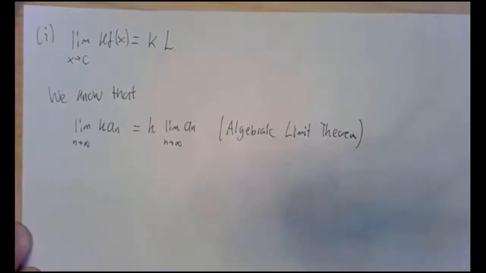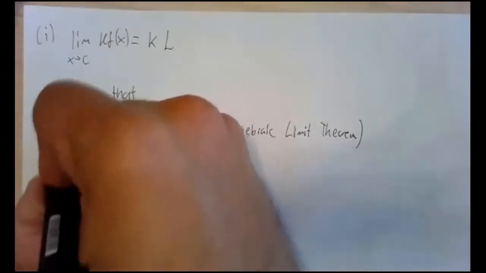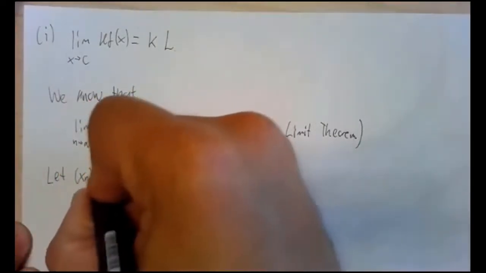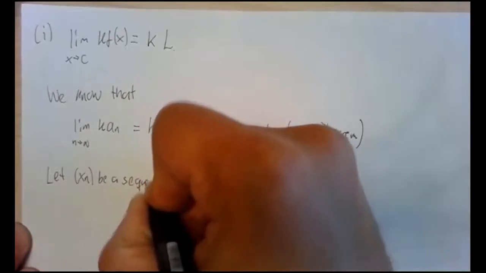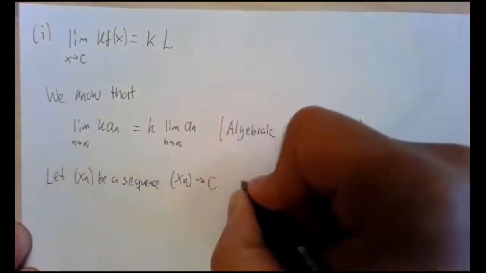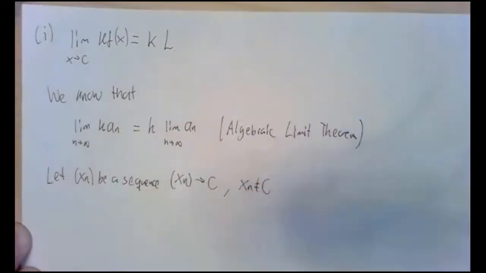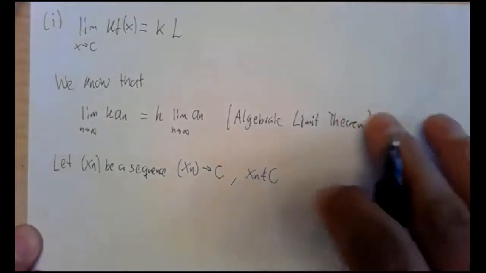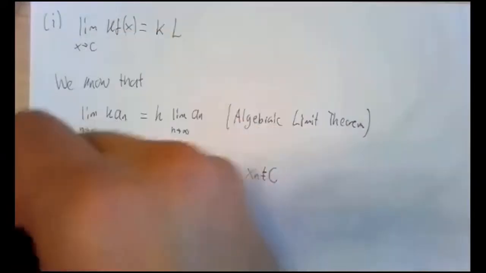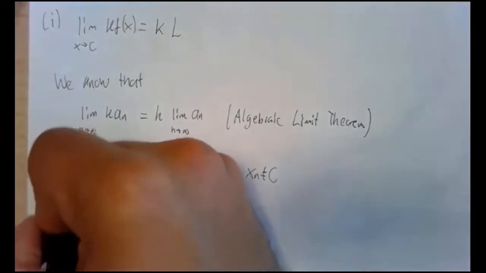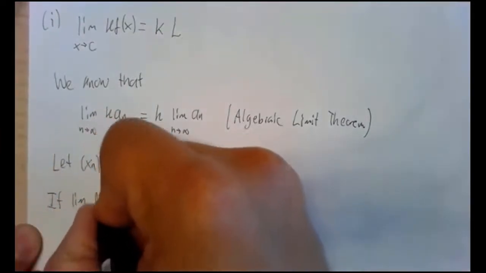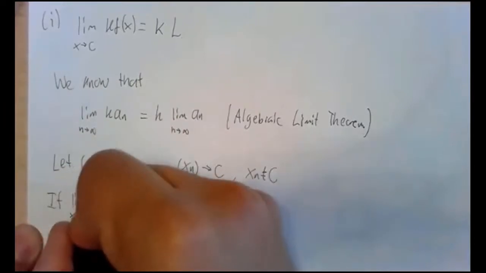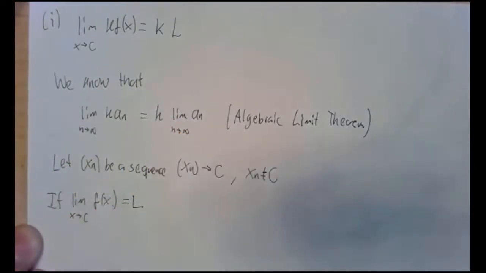So then, you pick a sequence. Let xn be a sequence, xn approaches c and xn not equal to c. Suppose the limit of f of x when x approaches c is L, which is the property that we have.